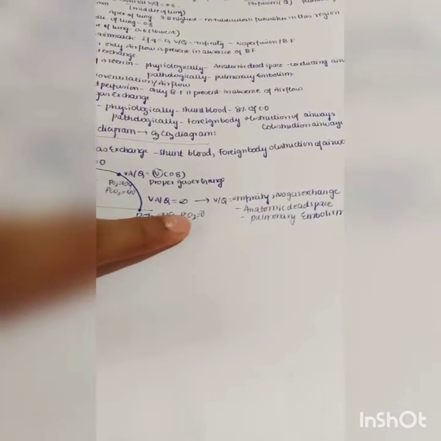In alveolar air the oxygen is 104. But here carbon dioxide is completely 0, because the perfusion is 0, so no carbon dioxide is coming. So carbon dioxide is 0, whereas oxygen is 150 as in inspired air. So this is all about our ventilation perfusion ratio.